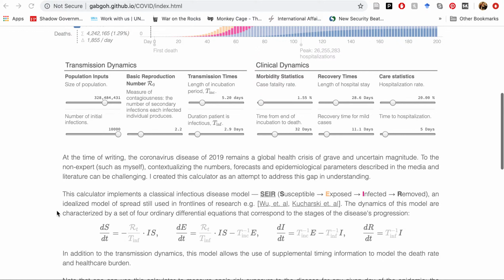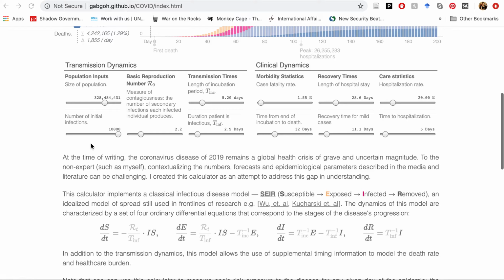The variables that I changed are the size of the population, so that's roughly the US population. It's difficult to get these sliders to be exactly where you want them to be, but that is roughly the size of the US population. For the number of initial infections, I selected 10,000 because at the beginning it was not really clear how many people were infected.